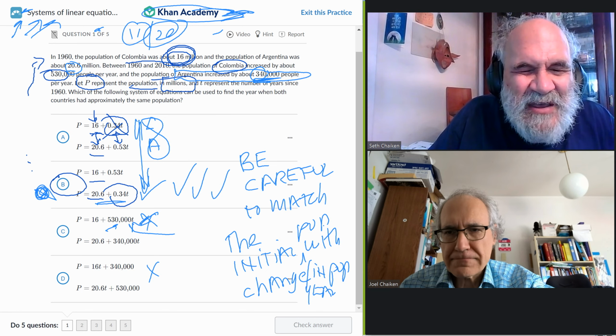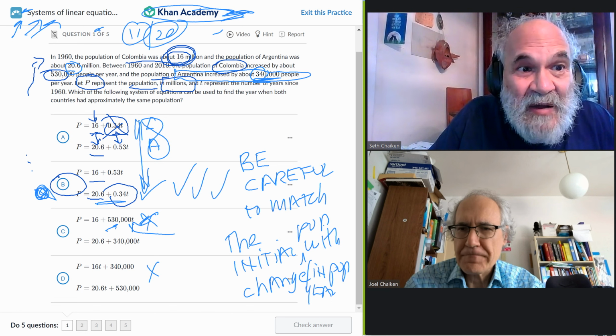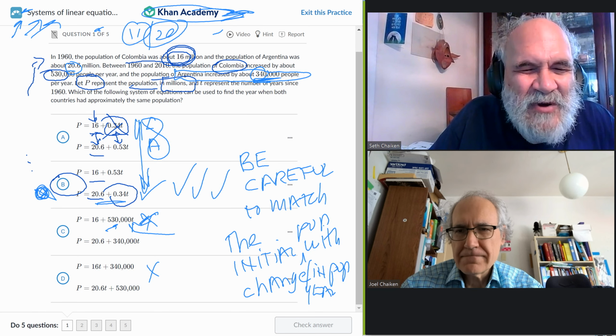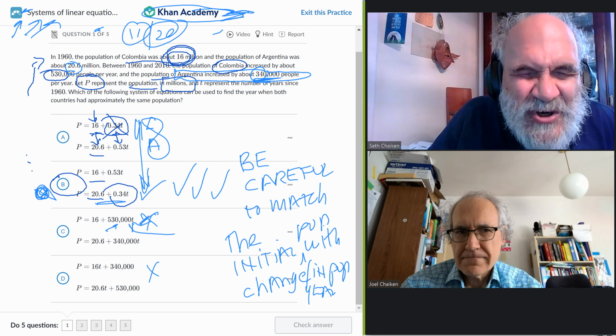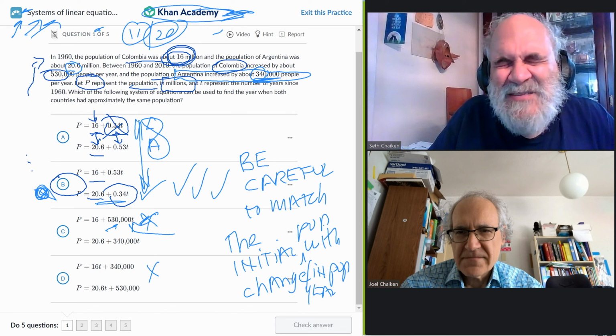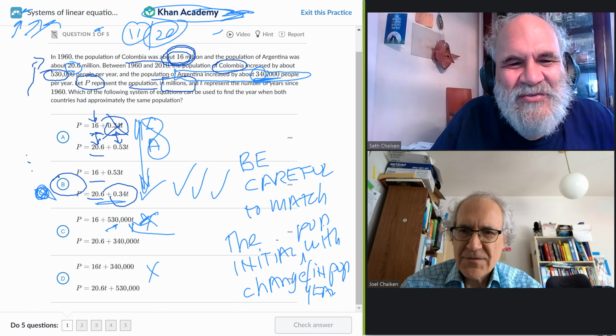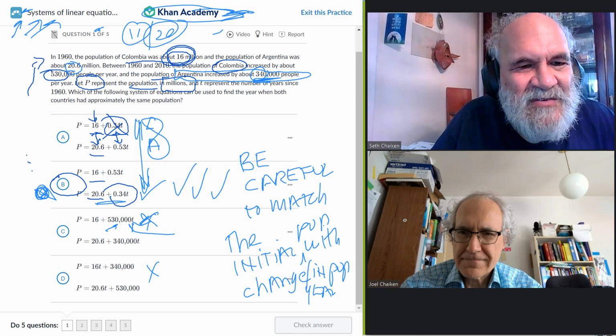So the population given by the top formula is always going to be smaller than the population on the bottom formula, in the present and in the future. Interesting idea. That's suspicious, because the question asks to find the year when both had approximately the same population.